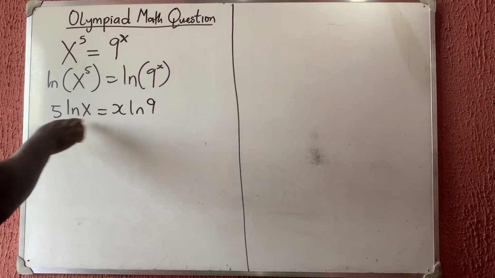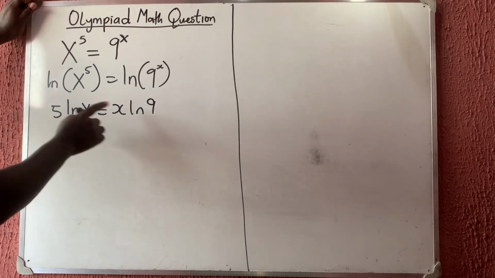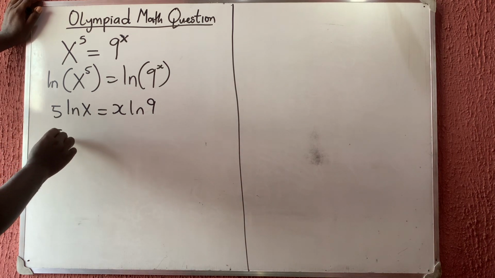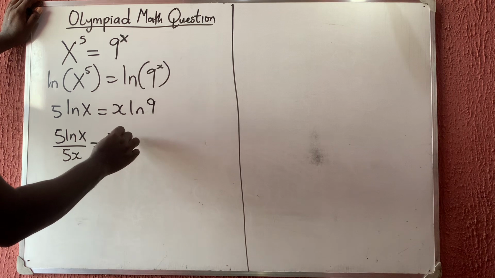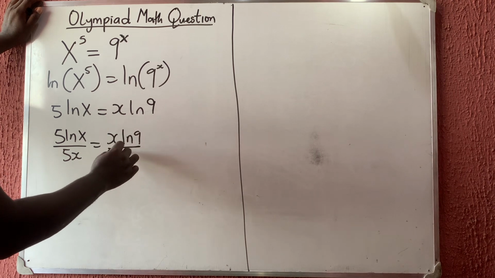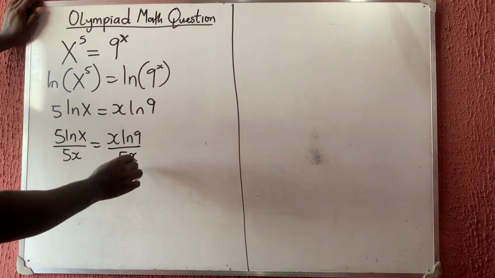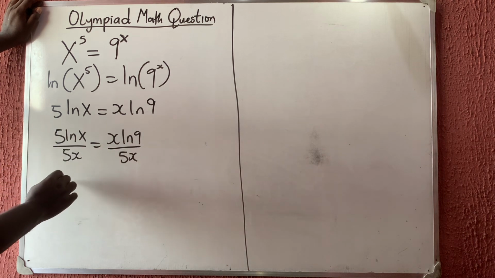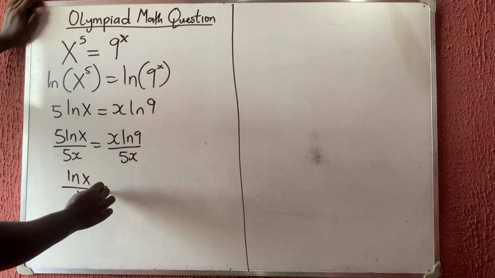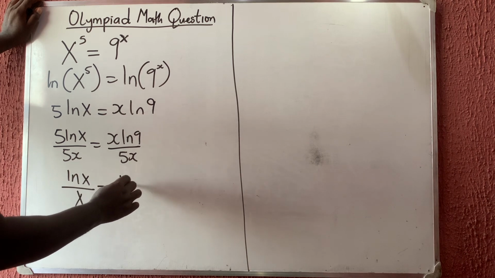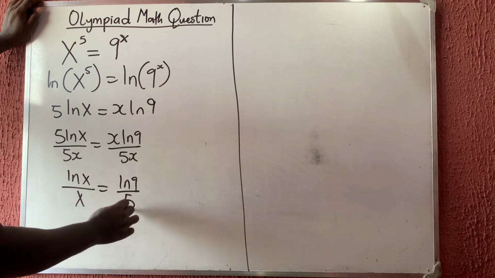So divide both sides by 5x. I'm going to have 5 ln x over 5x is equal to x ln 9 over 5x. Now x takes care of x, 5 takes care of 5. I'm going to have ln x over x is equal to ln 9 over 5.